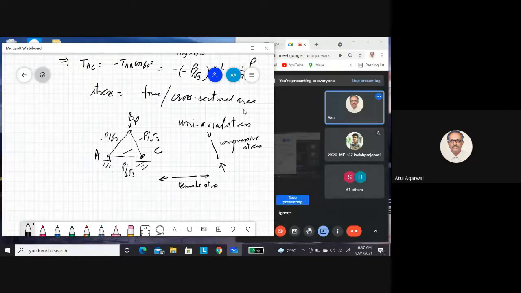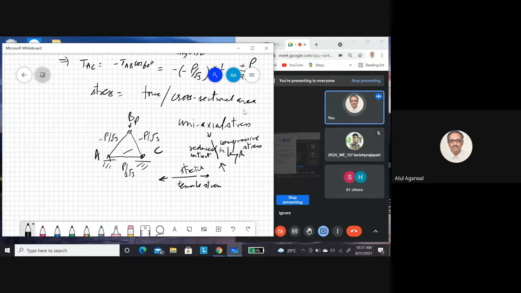So this bar will stretch, this bar will get reduced in length. It will contract. This bar will also contract.